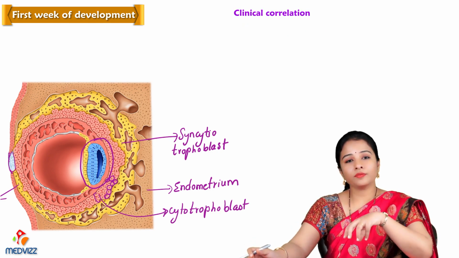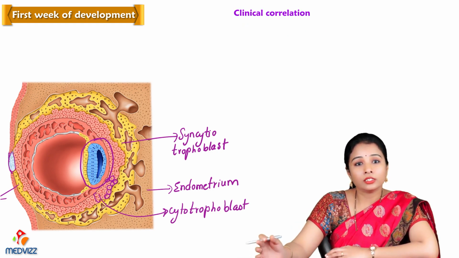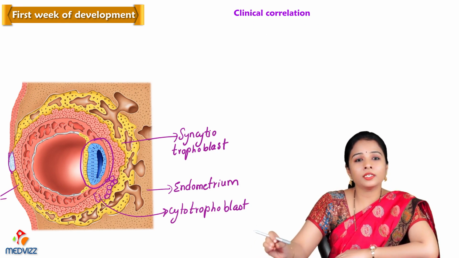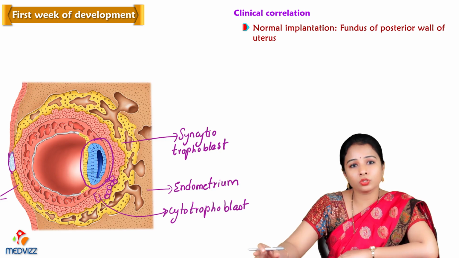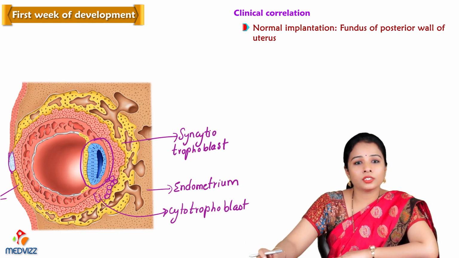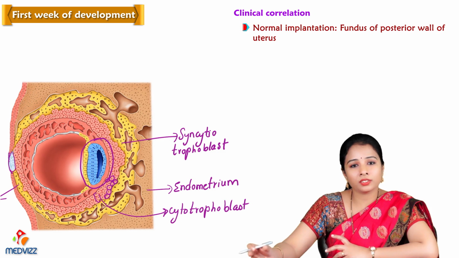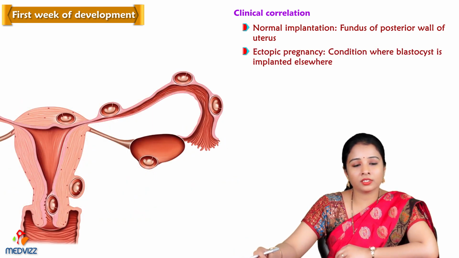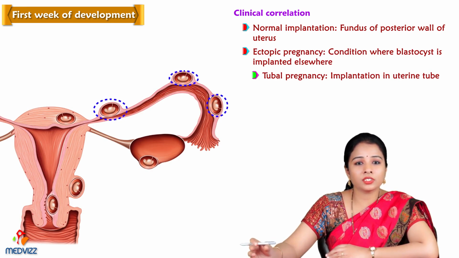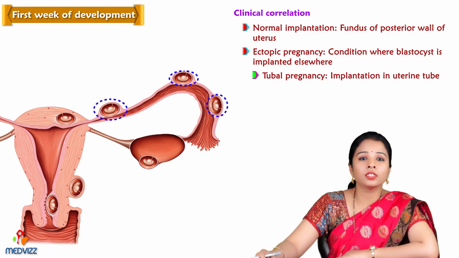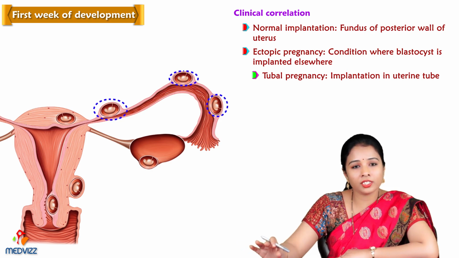So suppose this blastocyst, instead of getting implanted in the normal site, that is the posterior wall fundus of the uterus, implants anywhere else, it results in different positions of placenta and ectopic pregnancies. So it can be a tubal pregnancy, if it is implanted within the uterine tube.